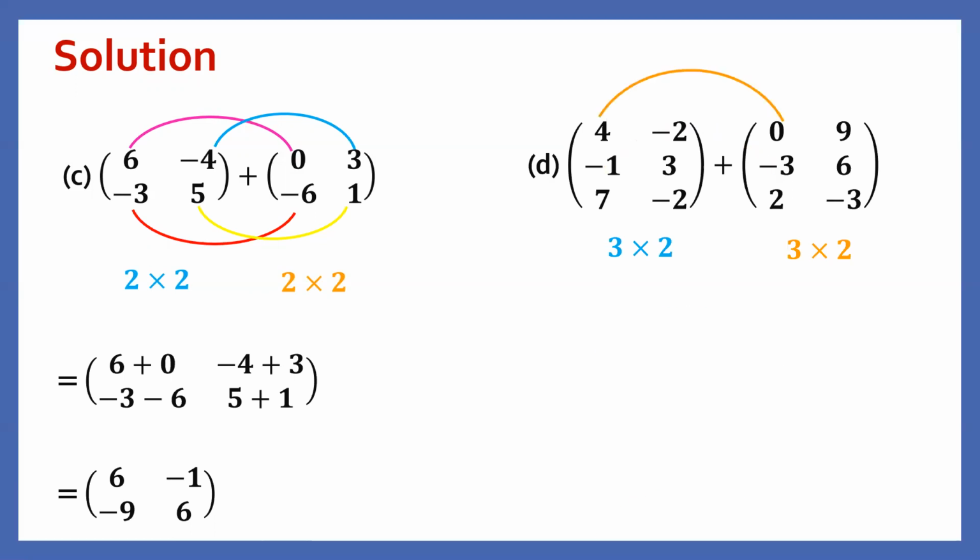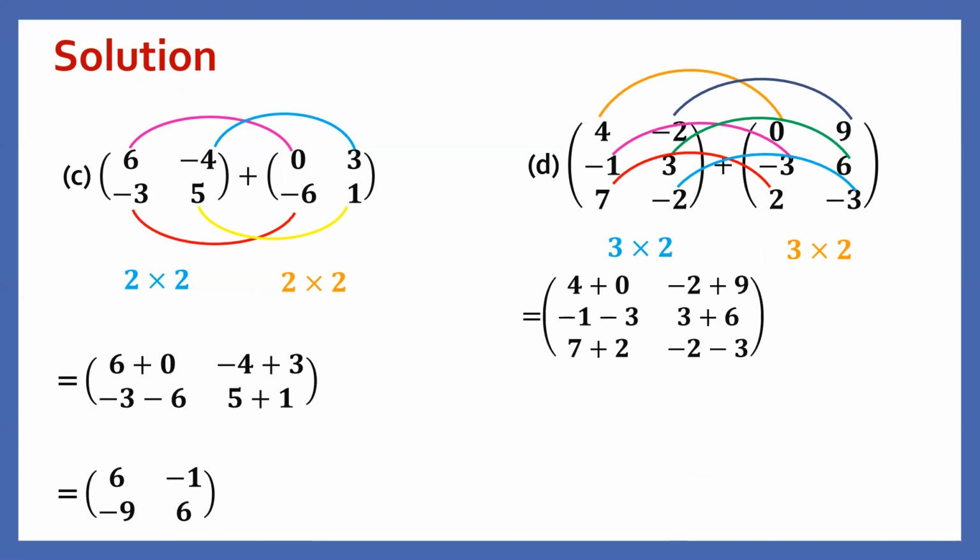Again, we are going to add corresponding entries. 4 plus 0, -2 plus 9, -1 plus -3, 3 plus 6, 7 plus 2, and -2 plus -3. So adding the corresponding entries will give me 4, 7, -4, 9, 9, and -5.